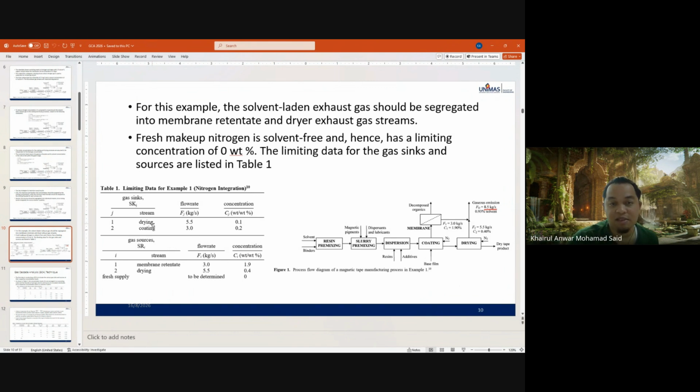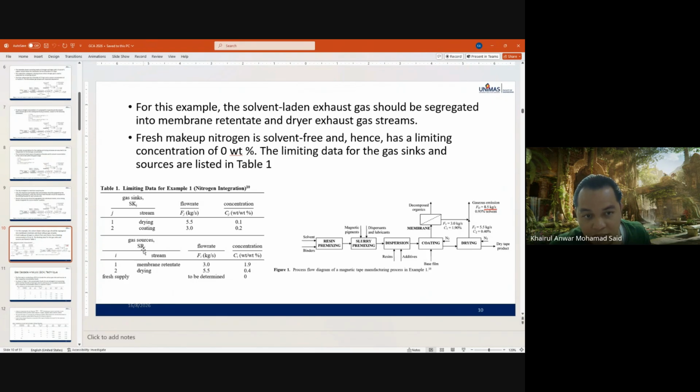So the sink here is drying 5.5 kg, 1.8. This one is the source, 5.5, 0.4.